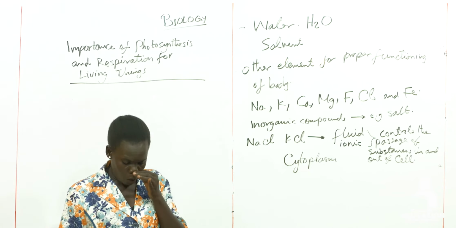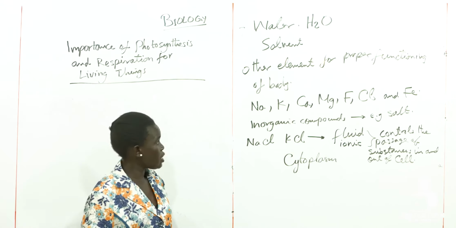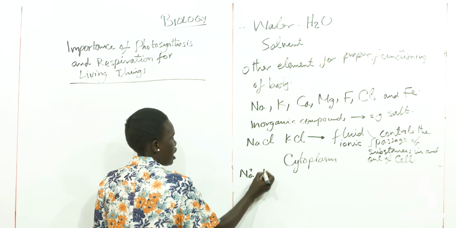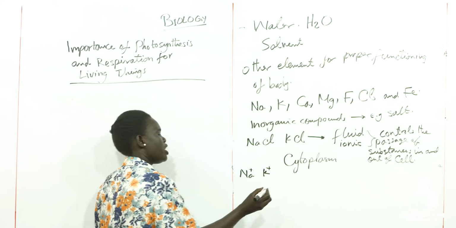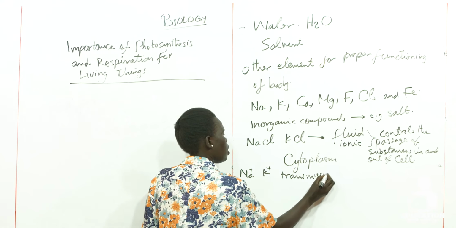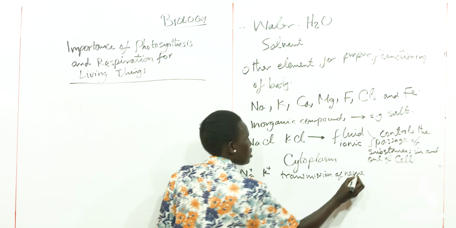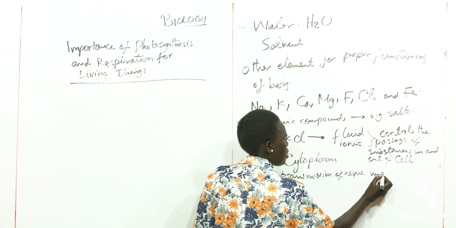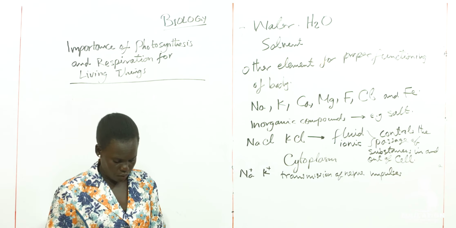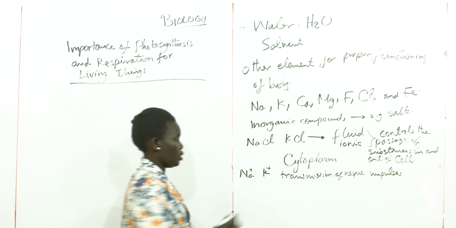Like sodium ions and potassium ions, they also play a role in the transmission of nerve impulses between the brain and all parts of the body, and within the brain.